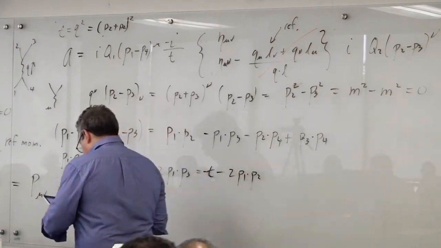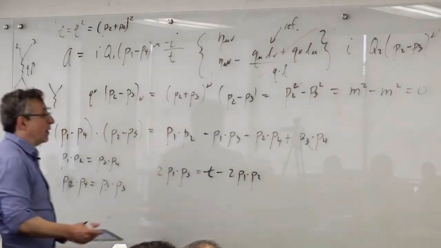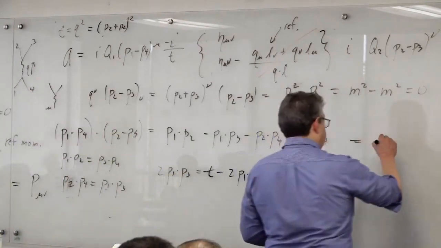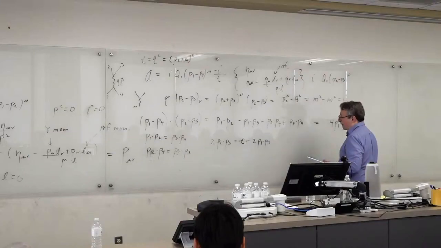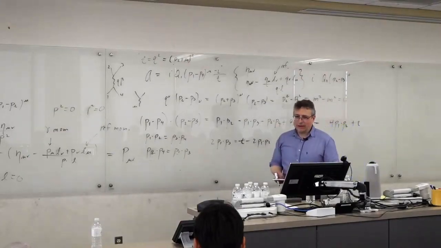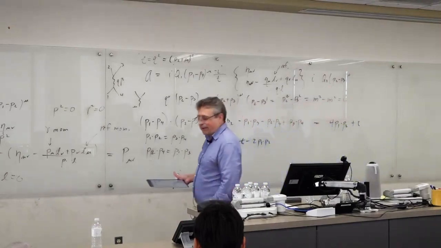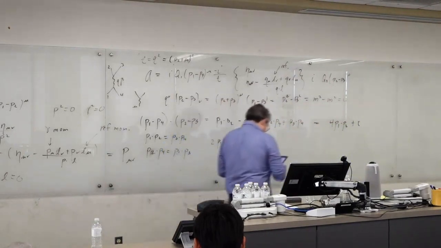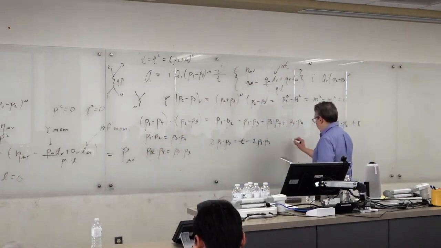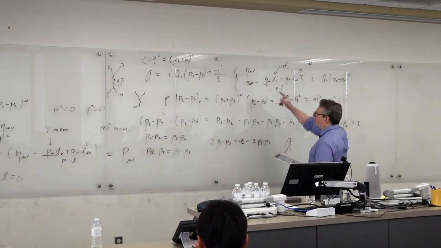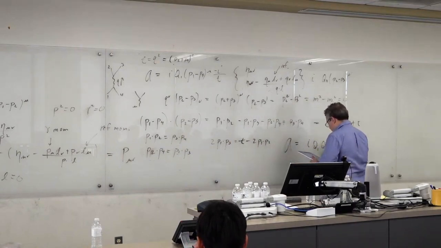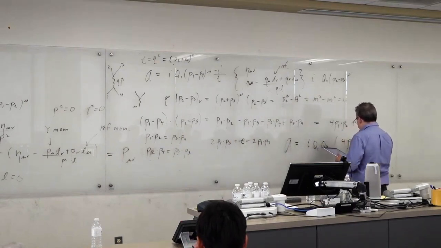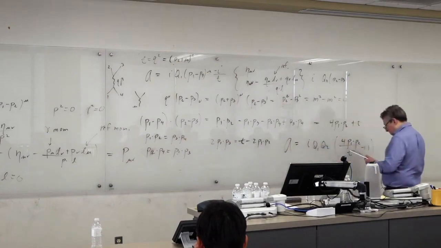Okay, so I did a little bit of algebra. Anyway, where are we? You do that little bit of algebra for P1 dot P2 plus T. Now, there's a reason why I'm working it out, because we're almost at the answer that we want. So the answer for the amplitude, using that Feynman rule, is I Q1 Q2 for P1 dot P2 divided by T plus 1. Okay?